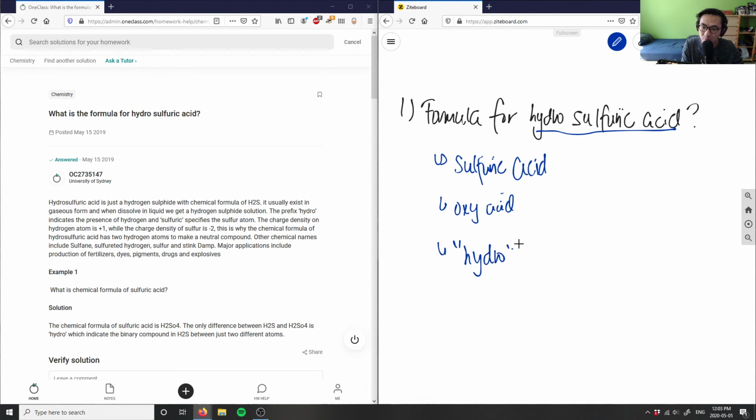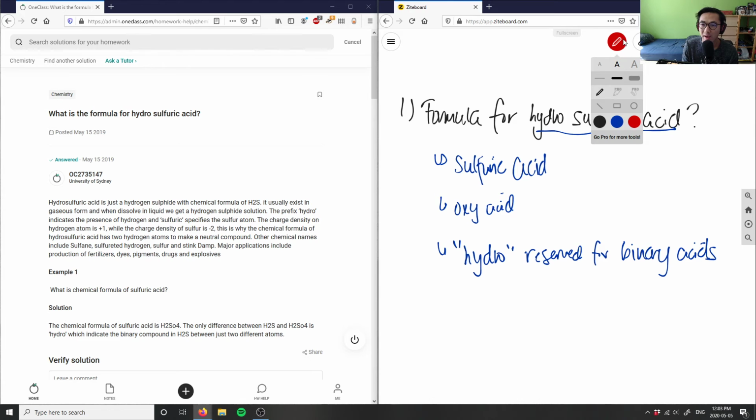So hydro is reserved for binary acids. A binary acid you could think of as like HCl, something that's only made up of two elements, a hydrogen and usually a halogen.